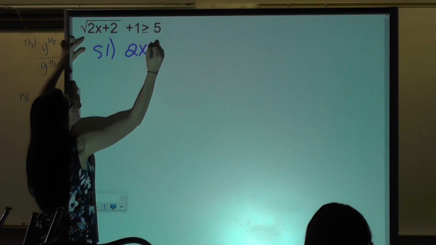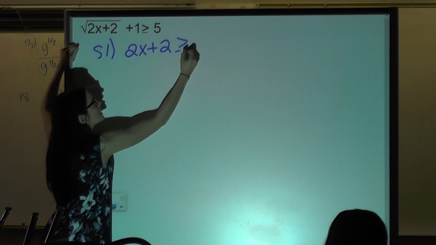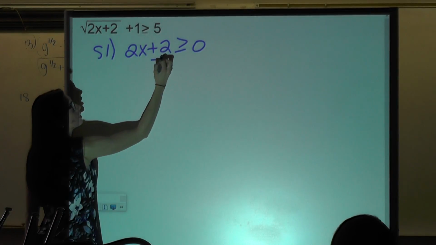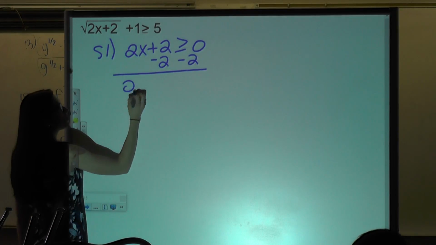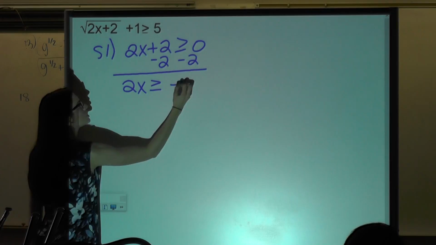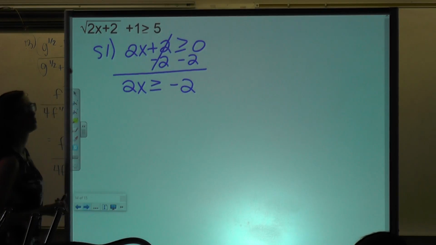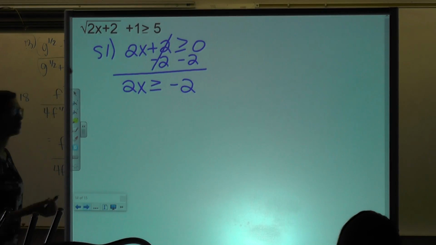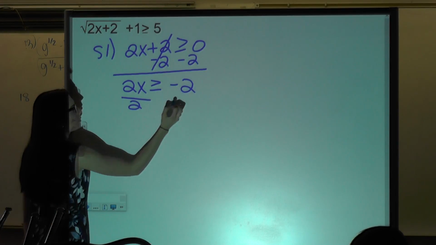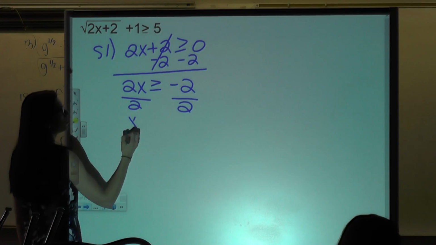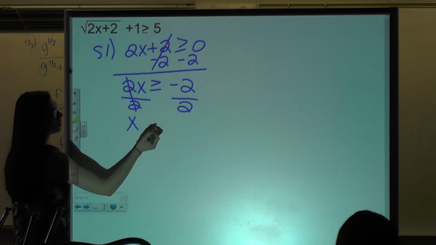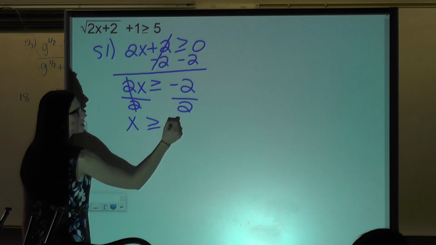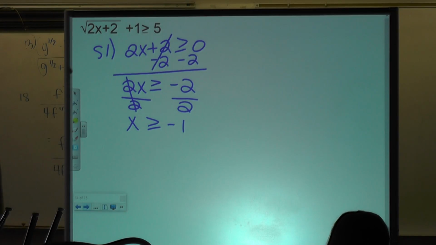You take 2x plus 2, take everything underneath it, set it greater than or equal to 0, and solve. You're going to subtract 2 from both sides, giving you 2x is greater than or equal to negative 2. We will divide by a positive 2. Your 2 over 2 will cancel out, giving you x is greater than or equal to negative 1.